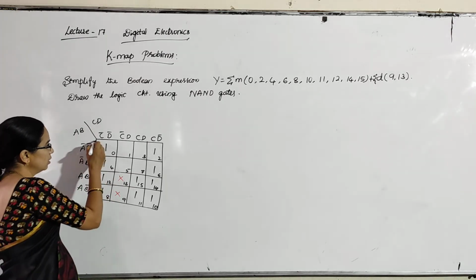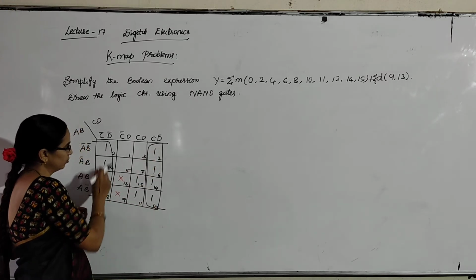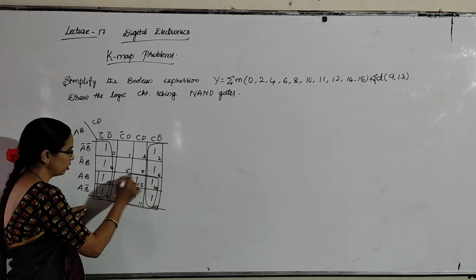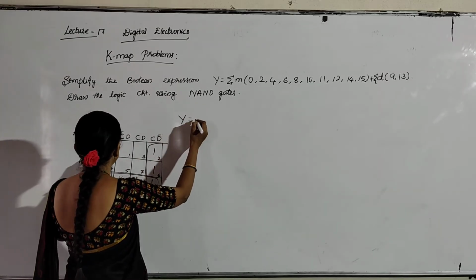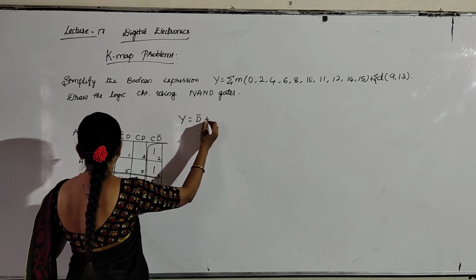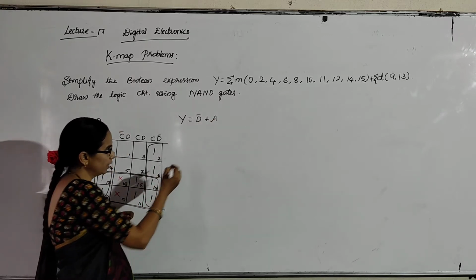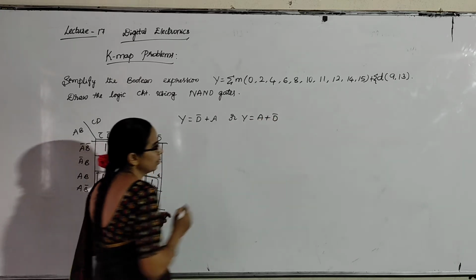So this is one octet and this is one more octet. So Y is equal to D bar plus A, or you can even write Y is equal to A plus D bar.